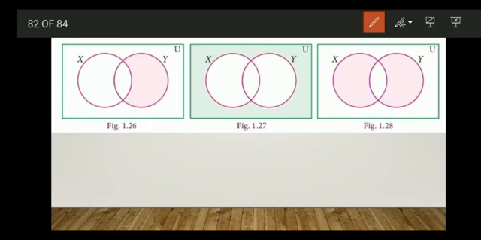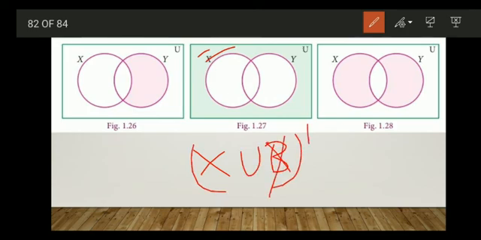See the second one: the X and Y portions are not shaded and the portions other than X and Y are shaded. So this will be X union Y, the whole complement, right? This portion will be X union Y and other than this portion, all other portions are shaded.